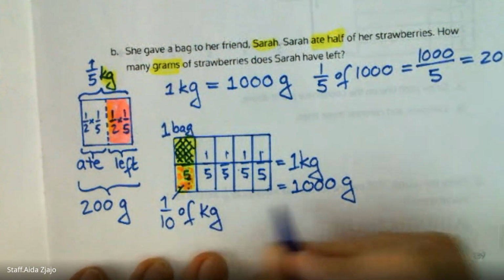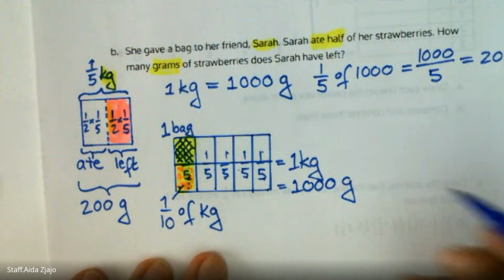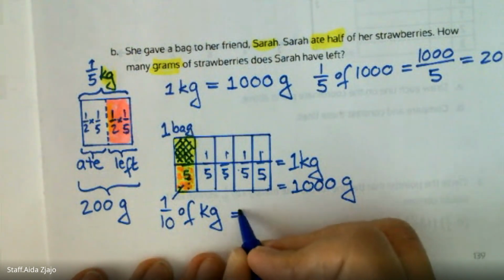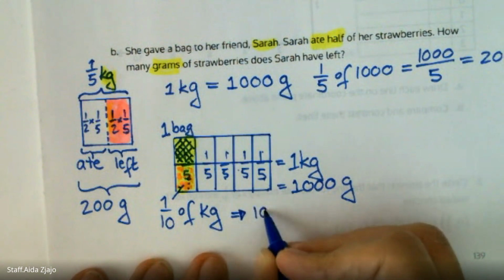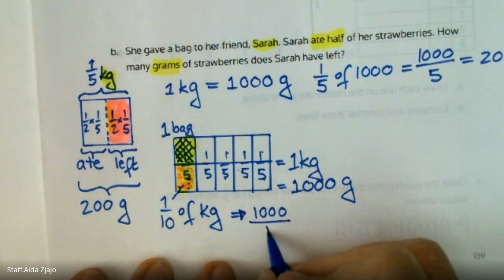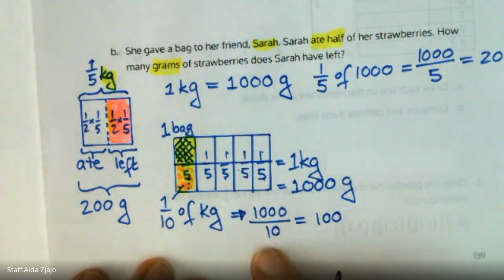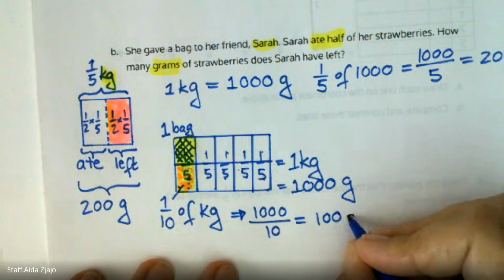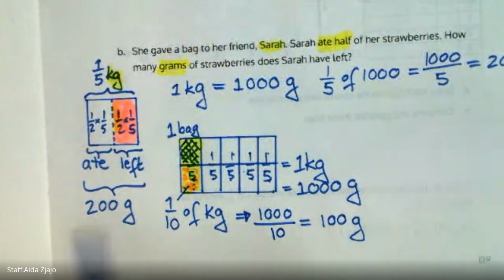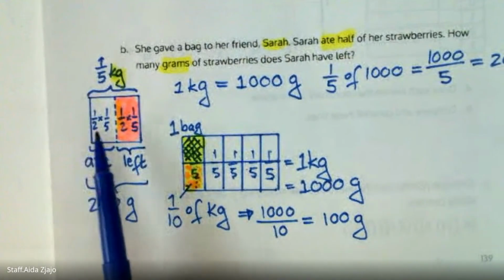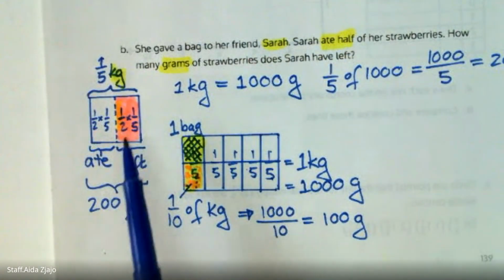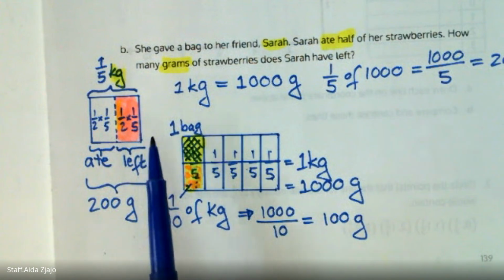That is 1,000 divided by 10, which equals 100, because 100 times 10 is 1,000. So once again, we know that she ate 100 grams and she has 100 grams left.